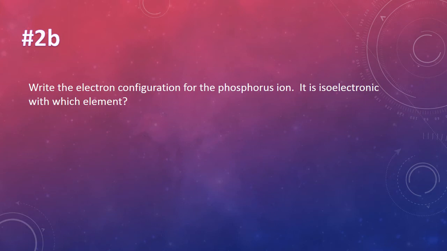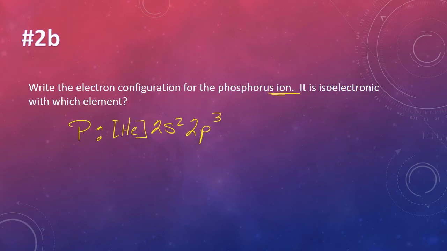Pause the video and see if you can come up with the electron configuration for the phosphorus ion. I'm going to go ahead and do it. I'm assuming you paused it. Well, phosphorus, we know, is going to start with helium. That makes 2s2 and 2p3.